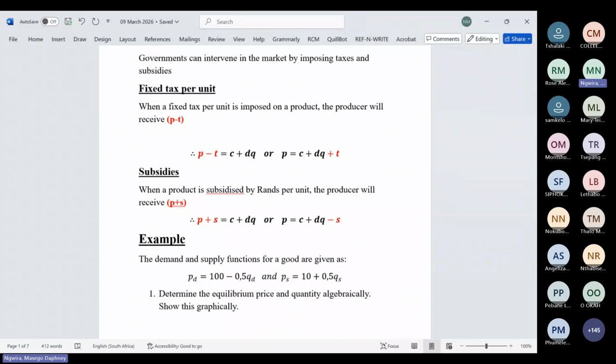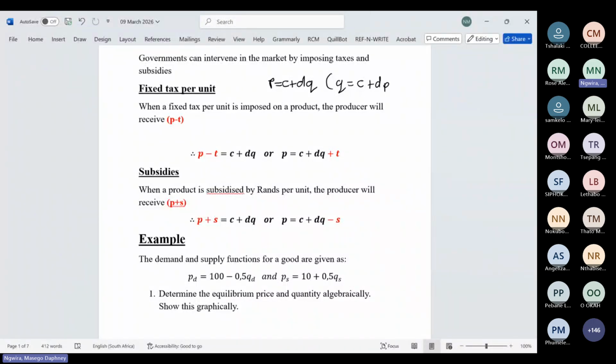So we use the supply function. Just to show you where we got the formula, if you can remember the supply function, we have P equals C plus DQ, or we can say Q equals C plus DP.